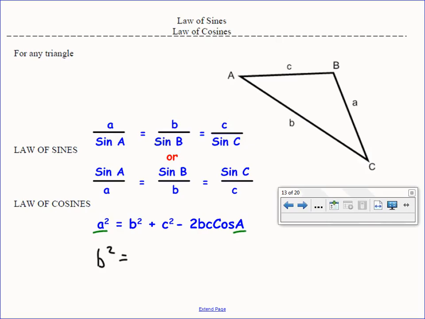Then what angle would we be dealing with? We'd be dealing with angle B, right? The B's would be my bookends for my law of cosines, and my other side lengths would be the other 2 sides. That would be A squared plus C squared. So here we go. A squared plus C squared minus 2 times A times C times the cosine of angle B. That's not all.